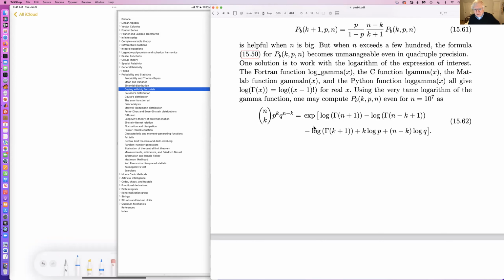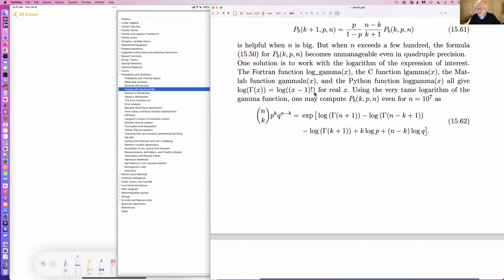And so you write it as the exponential of the log, and then you cancel the logs. And then when you've canceled the logs, you exponentiate. And that's a way of coping. And the way you compute the logs, if you want to do it numerically, is there are various functions in Fortran, C, Python, MATLAB, and I'm sure Mathematica; I somehow left out Mathematica here.